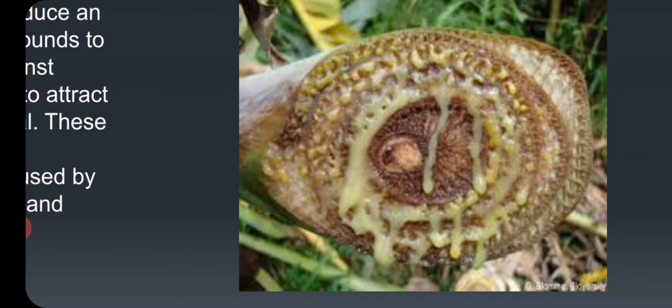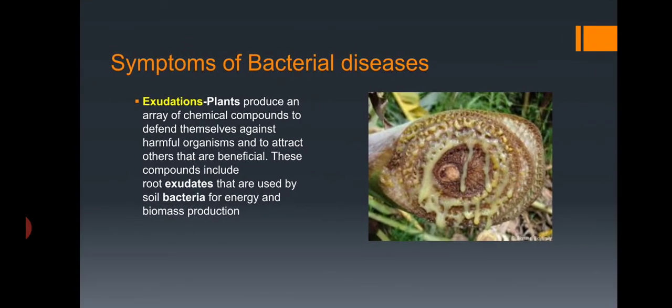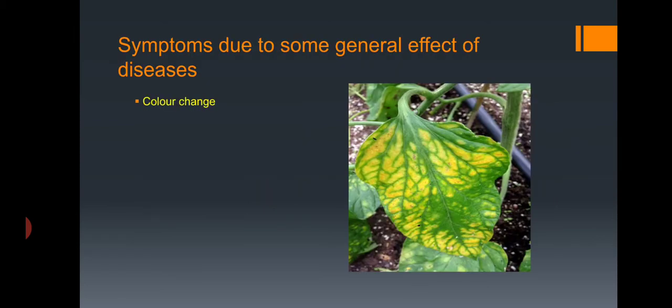These exudations are actually produced as a result of immune reactions of the host plant against bacterial diseases. So, if any oozing, sticky liquid is coming out of any plant part, then we can expect it is a bacterial disease. Okay. Then there are some general symptoms that occur for any bacterial, viral or fungal infection, that is color change.